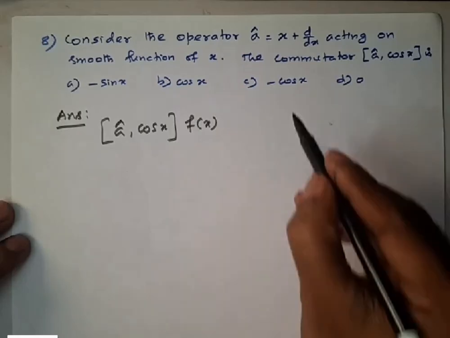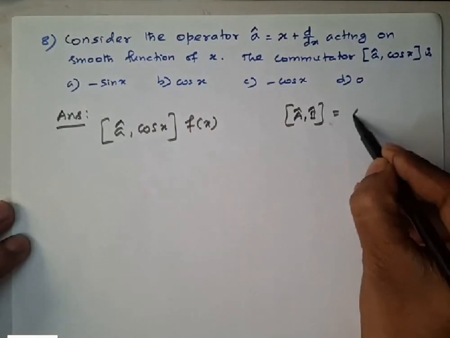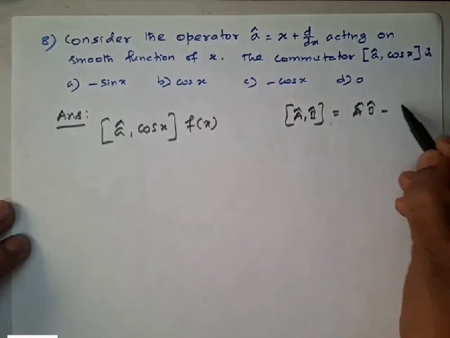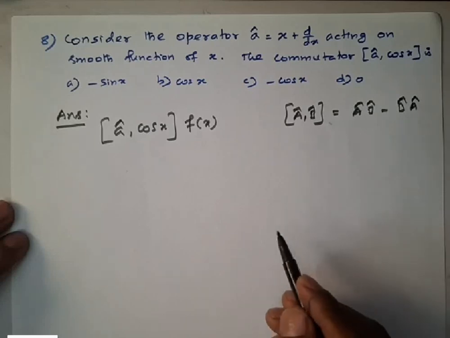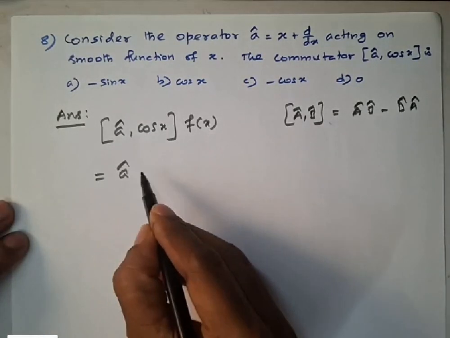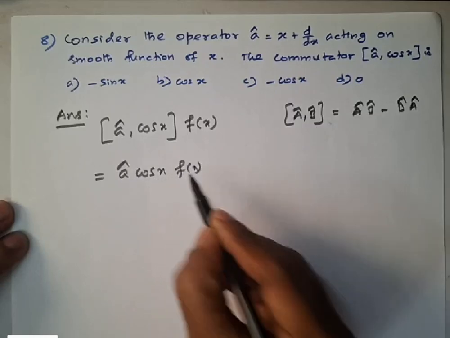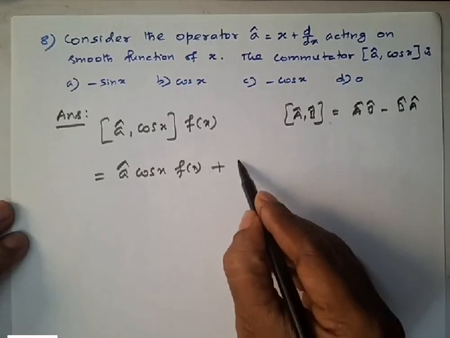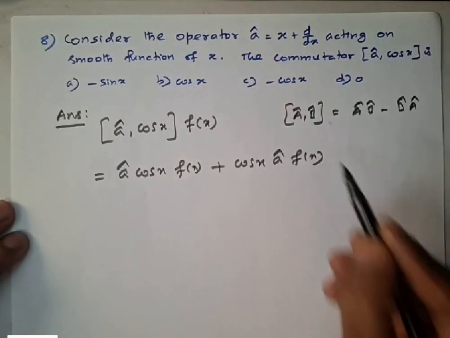And you know very well, commutator of AB equal to A into B minus B into A. This is the commutator formula. Therefore, A comma cos x applied on f of x is A into cos x into f of x, minus B into A into f of x.